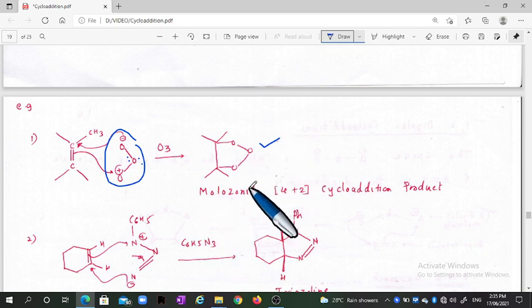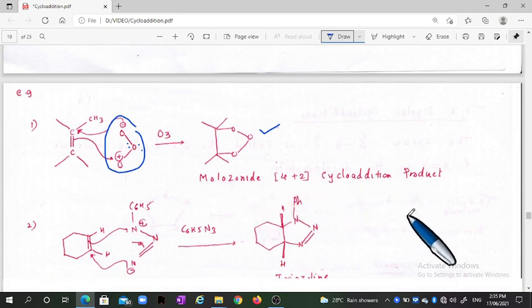That compound is molozonide, the 4 plus 2 cycloaddition product of alkene.